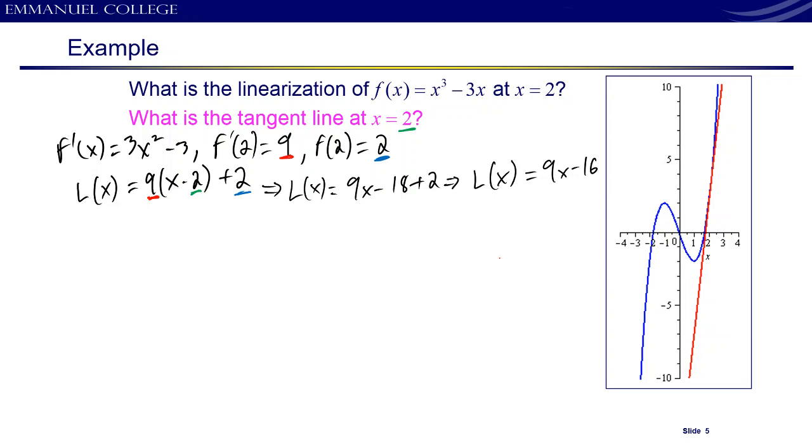So remember, this is our linearization centered at 2 for our given function, which is basically the same thing as saying, what's the tangent line at x equals 2? The only difference is instead of saying y equals, we say L of x equals, and we put it in kind of a different context.